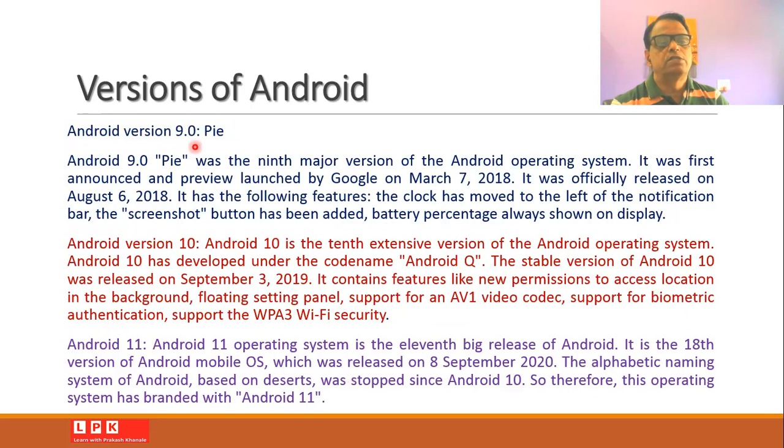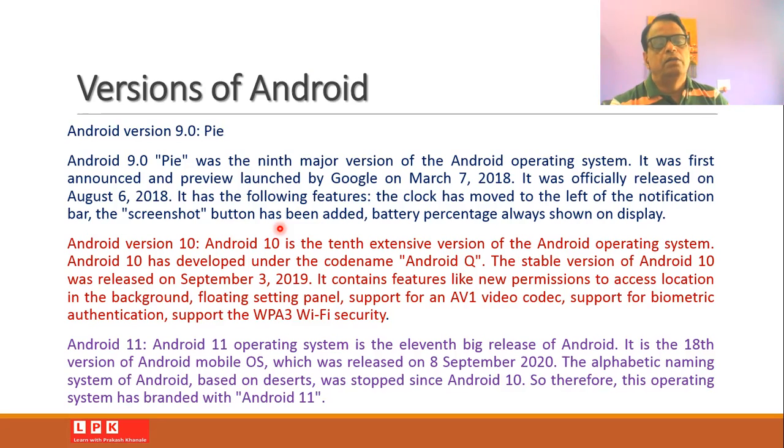The next version was Android 9.0 called Pie, and this version was officially released in 2018. It consists of many new features, such as improved battery performance over a period of time.